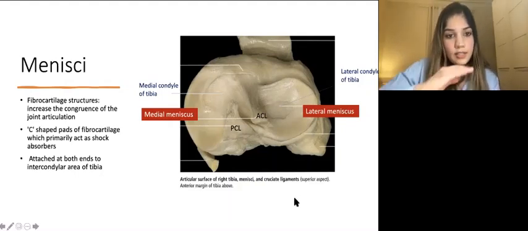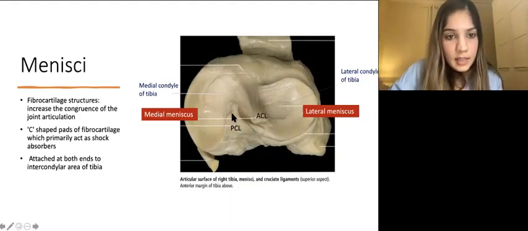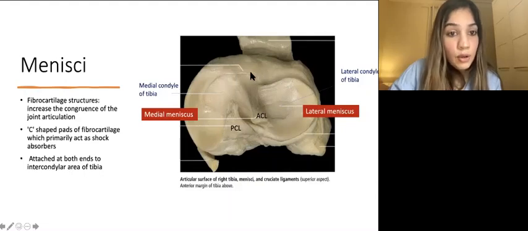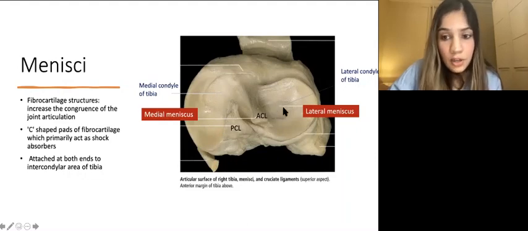So this is a cross section of the knee. If this is the ACL and the PCL, this would be the medial meniscus, and this would be the lateral meniscus. It attaches to the ends of the tibial condyle. So this would be the medial condyle of the tibia, and that would be the lateral condyle of the tibia.